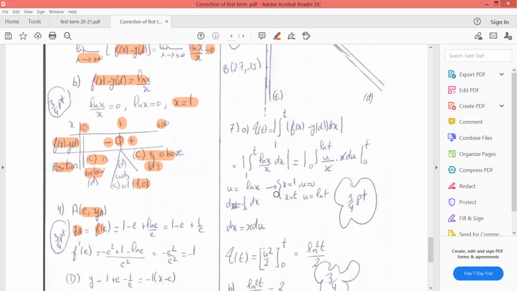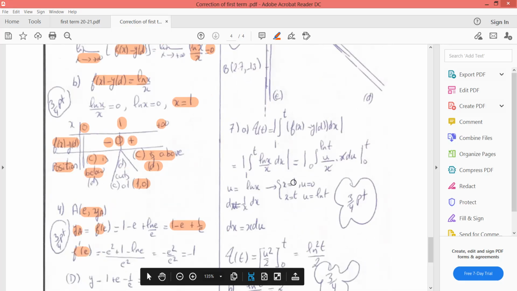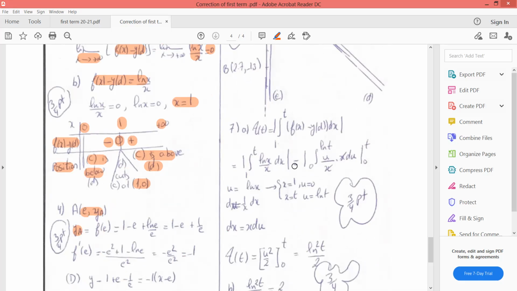Then we change the variable, and we have to pay attention that we have to change the bounds. For x equals 1, u equals ln 1, which is 0. For x equals t, u equals ln t.